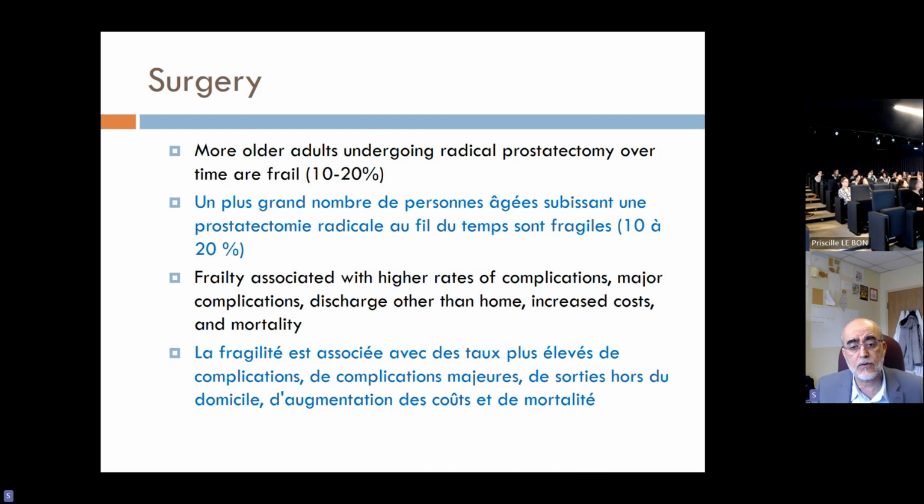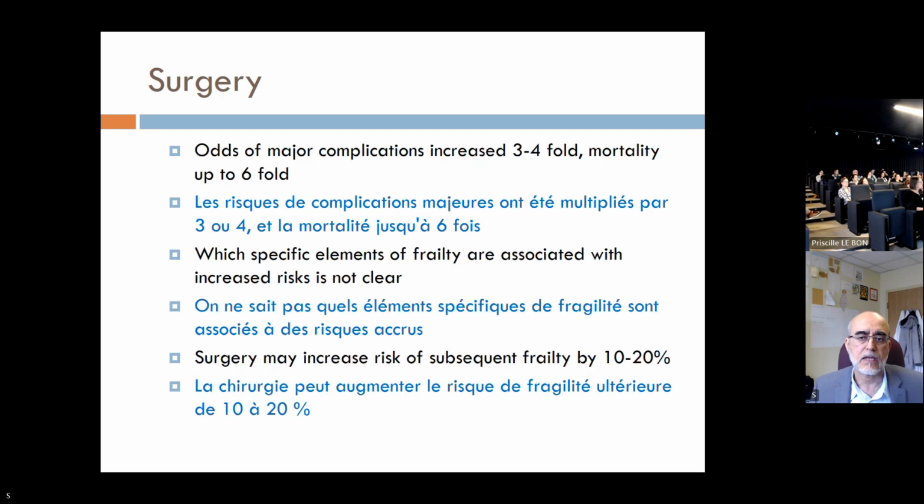What has also been shown very clearly is that frailty is associated with higher rates of complications, all complications, major complications, discharge somewhere other than home, in other words, nursing home, rehabilitation. They have higher costs in hospital and excess mortality. The odds of a major complication are increased if you are frail 3 to 4 times, and the likelihood of dying within 30 days is increased up to 6 times.